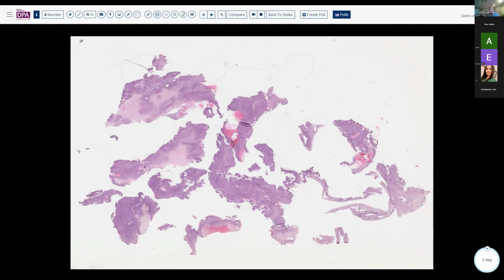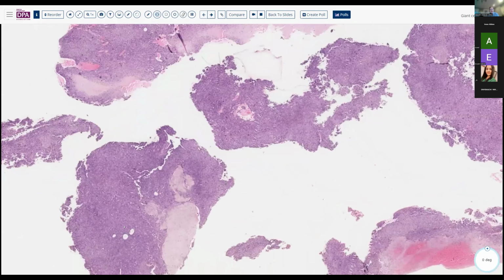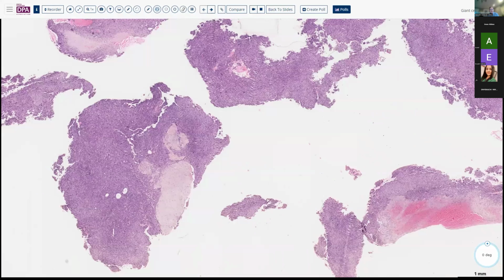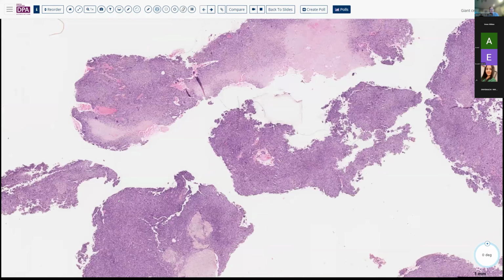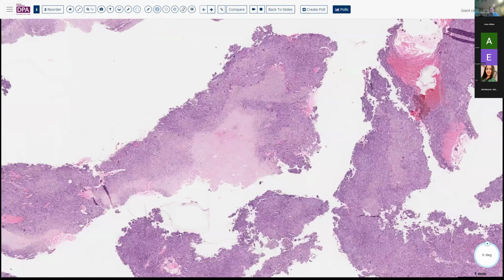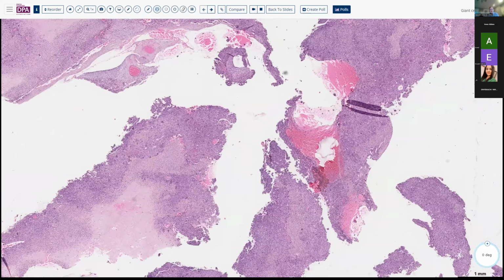So the orthopedic surgeon did some curettings, which you can see here. Now, a couple of things that you notice at low magnification, of course, is that you've got some hypocellular areas and then some very high cellular areas. We've got a couple of these sorts of areas, which could be necrosis or a second tissue type. And then we've got a few areas of hemorrhage.